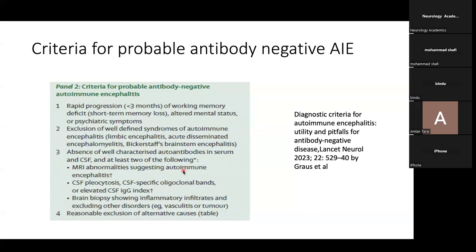Rapid progression, subacute onset, less than 3 months, of working memory deficit, short-term memory loss, altered mental status or psychiatric symptoms; exclusion of well-defined syndromes of autoimmune encephalitis like limbic encephalitis, ADEM, or Bickerstaff brainstem encephalitis; absence of well-characterized autoantibody in serum and CSF; and at least 2 of the following: MRI findings suggestive of autoimmune encephalitis, CSF pleocytosis, CSF oligoclonal bands, and elevated IgG index that indicate inflammatory change, or brain biopsy showing inflammatory infiltrate, excluding other disorders like vasculitis or tumor. And reasonable exclusion of alternative cause.